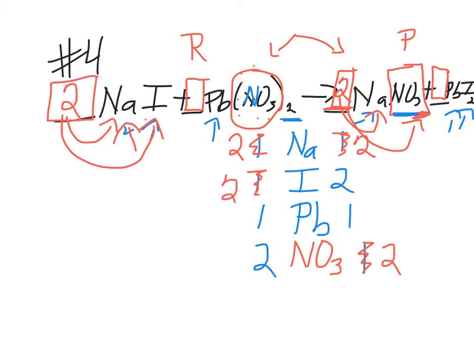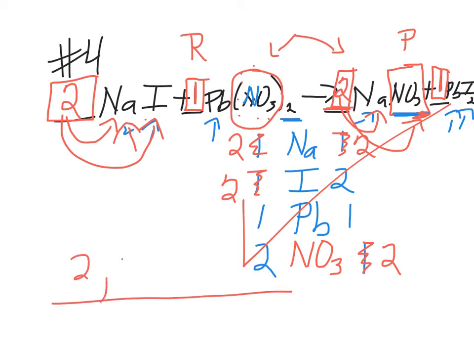Now, are all of these equal? Yes, and it's following the law of conservation of mass. So what are my coefficients? Don't forget, whenever you don't have to put a number, it's going to be a 1. So your coefficients are 2, 1, 2, 1.